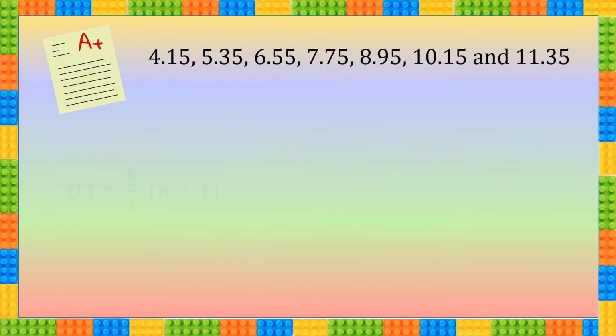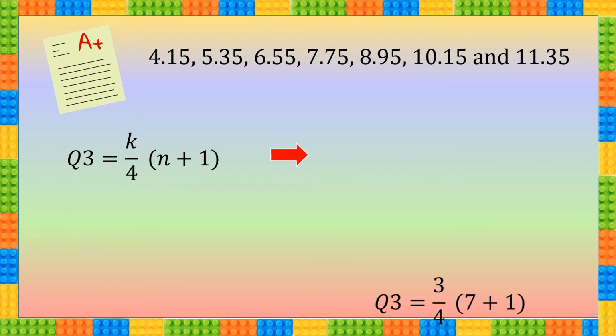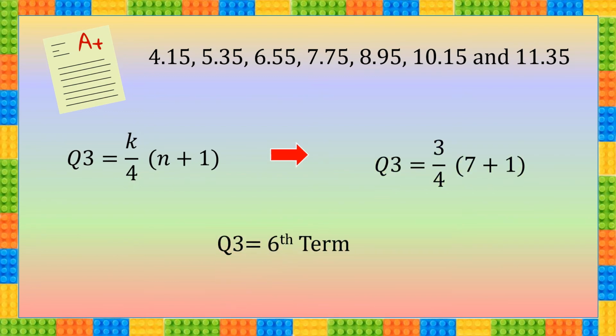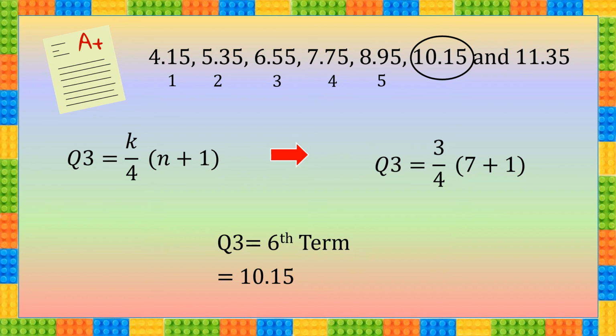Next is quartile 3, and we will apply the same procedure once more, and the answer is 6. So the third quartile is in the 6th position. Again, count 6 from left. 1, 2, 3, 4, 5, and 6. 10.15 is the quartile 3.